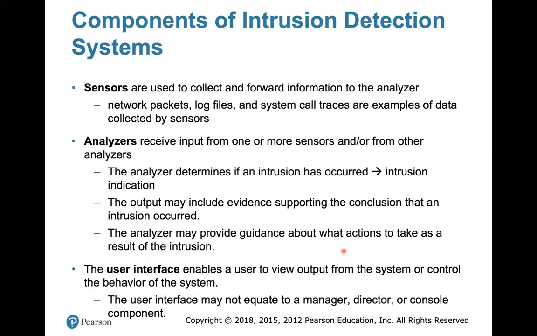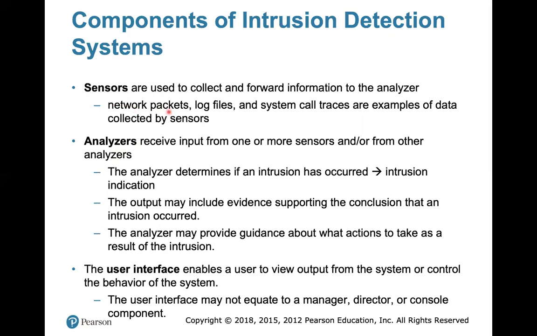Okay, what are the major components we see in an intrusion detection system? We have three major components. The first thing is sensors. Sensors are used to collect information and forward the information to the second component, which is the analyzer. I'm going to give you some examples about sensors. For example, network packets.